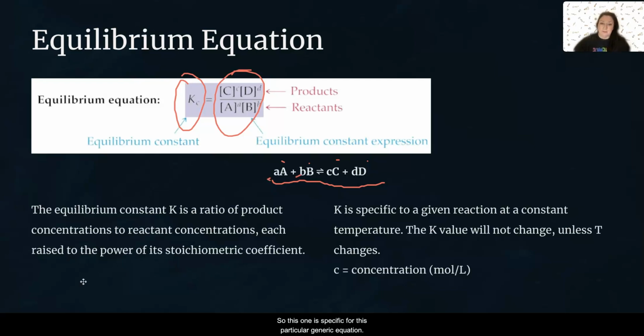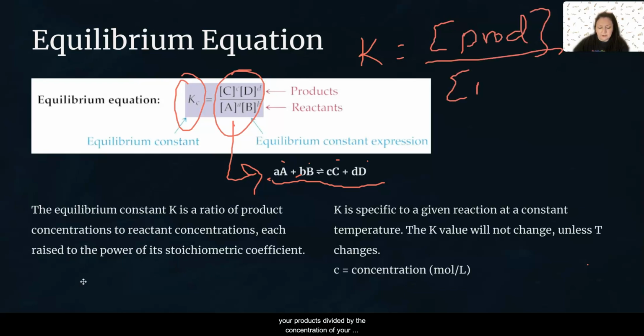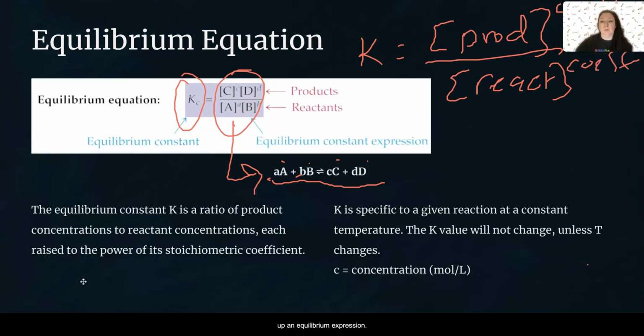So this one is specific for this particular generic equation. But you can also just say that capital K is concentration of your products divided by the concentration of your reactants, and they're all raised to the power of their coefficients. Okay, and that's how you would set up an equilibrium expression.